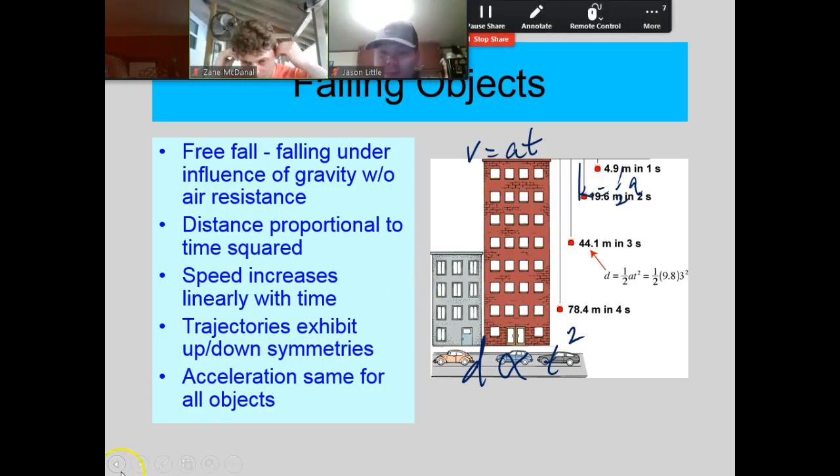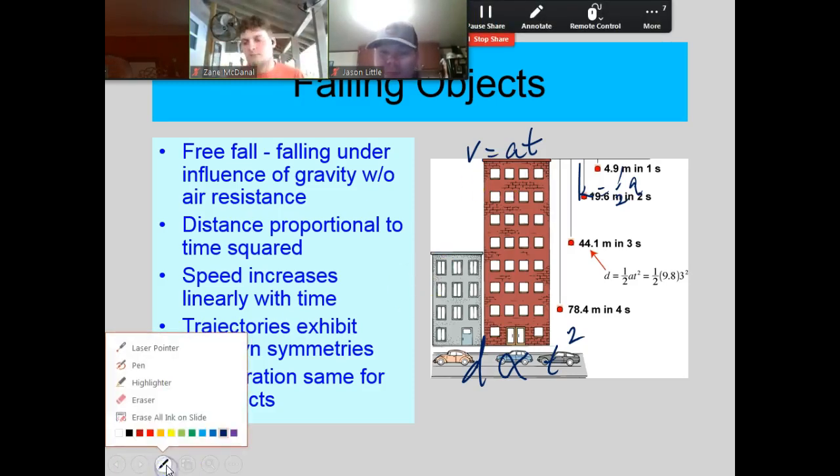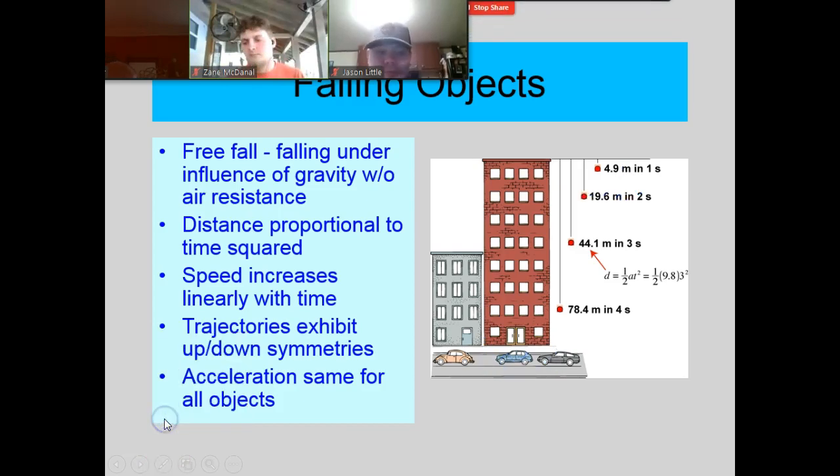Now, let me clear some of the stuff off of here. Okay. Here is an example of how far the object falls after a given number of seconds. In 1 second, it only falls 4.9 meters. How do you get that?